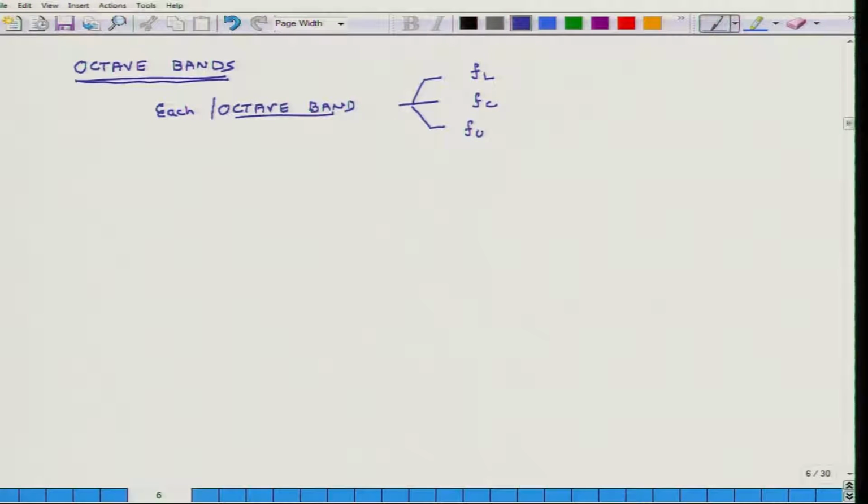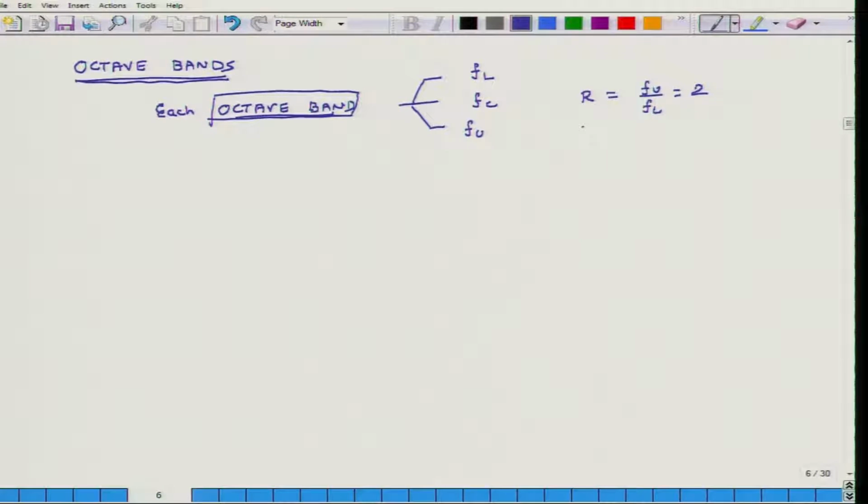Because it is an octave band, this is not true for all types of band, but for octave bands the ratio of FU and FL is 2.